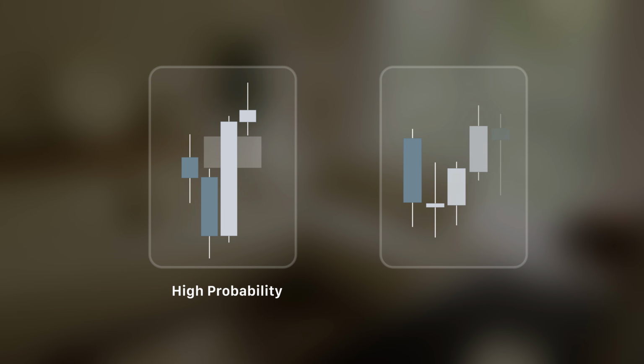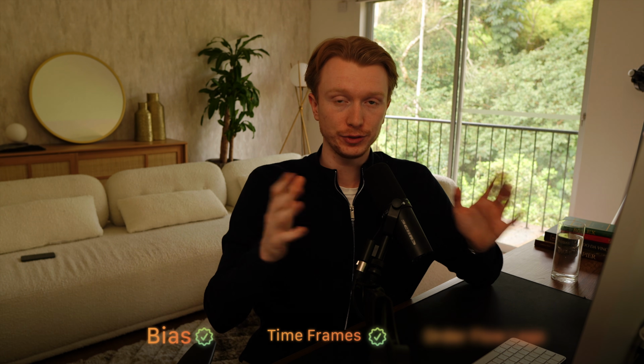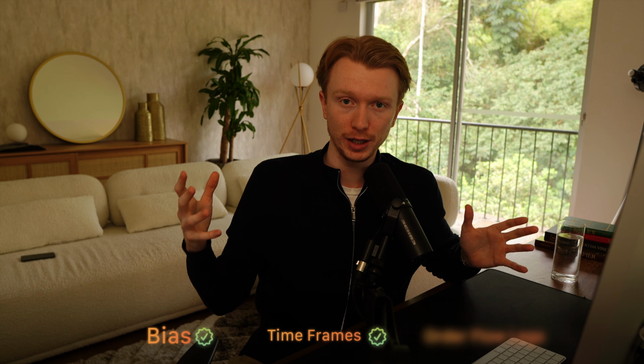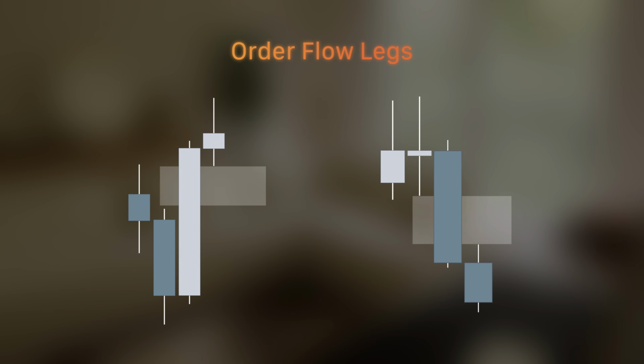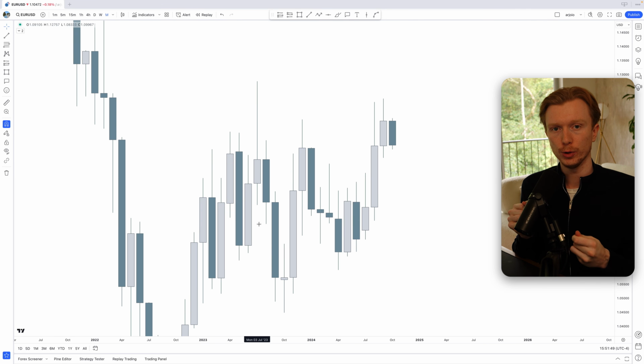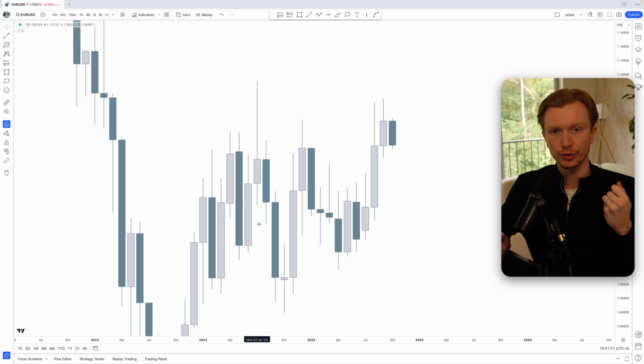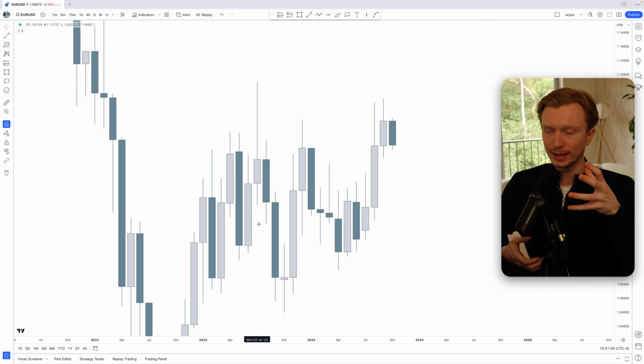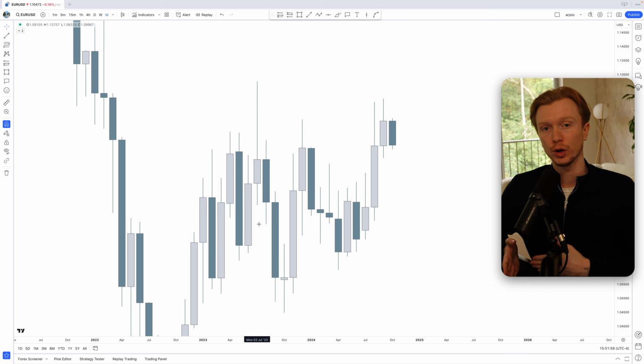Whereas legs without fair value gaps in them are a lot lower probability of holding. Now those legs with a fair value gap in them are what I and the MMT, and you might have seen it go quite big on social media as well, call order flow lags. And when we open a chart and start on the monthly time frame, we always want to focus on the most recent order flow lag, because they will exactly tell us what price will want to do next.